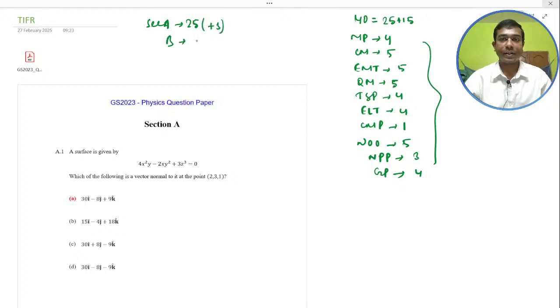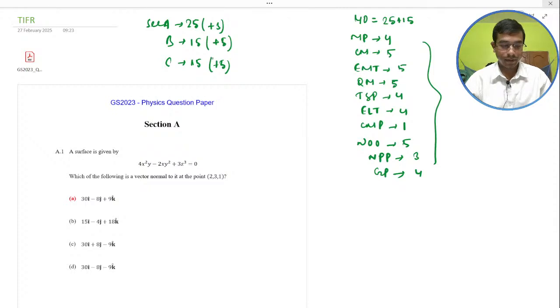Section B, for 15 questions, is plus 5 each, and section C, also 15 questions, is plus 5 each. So the total is 150 marks.